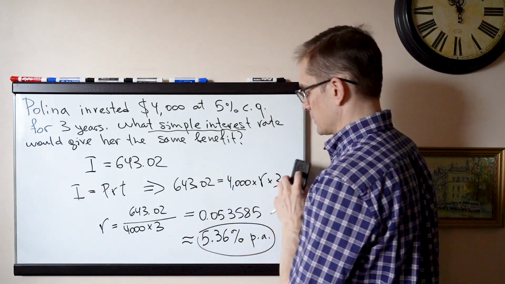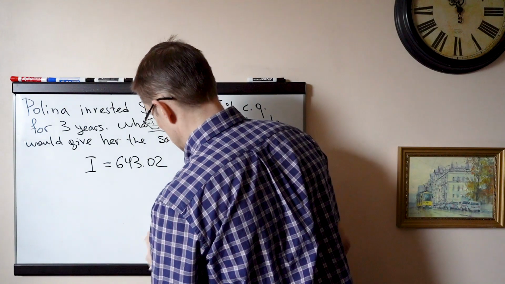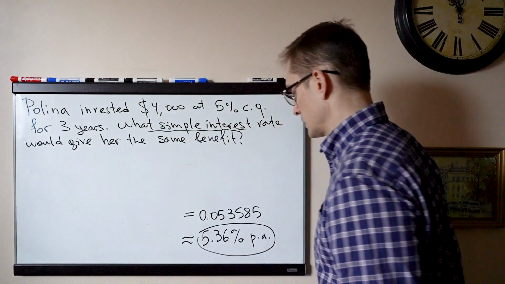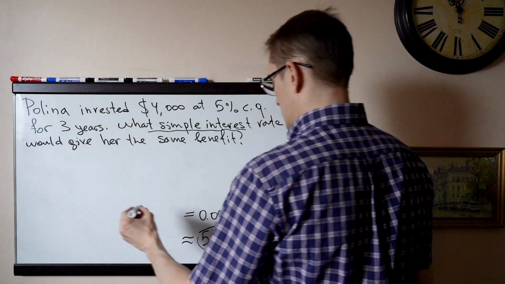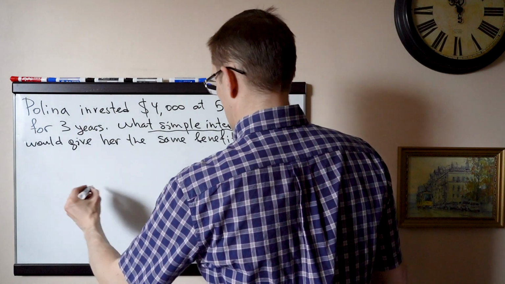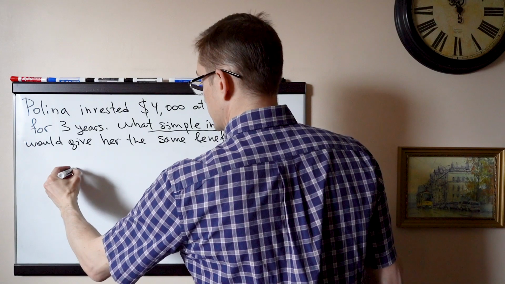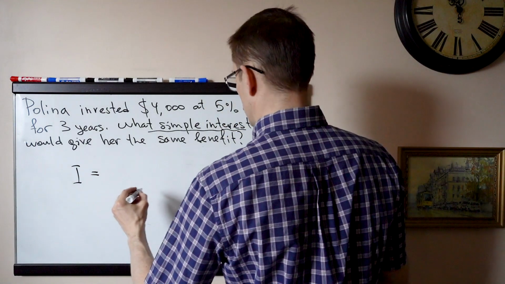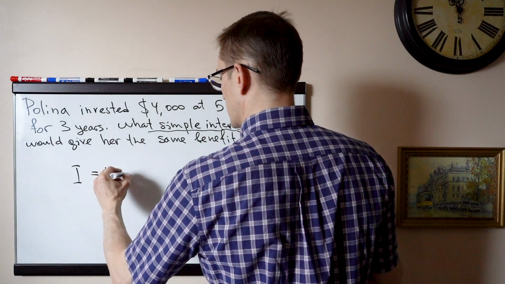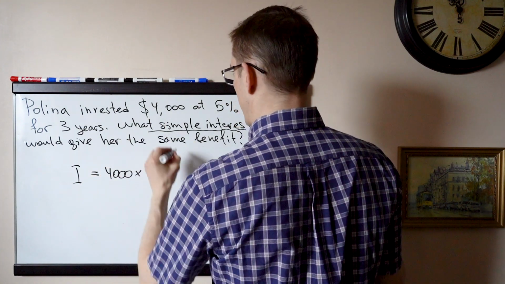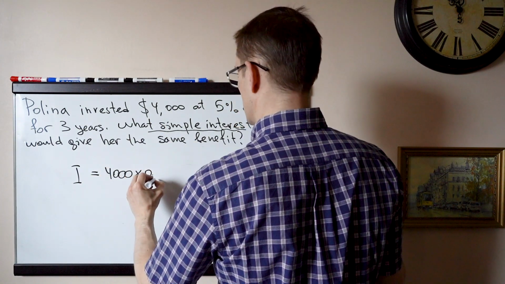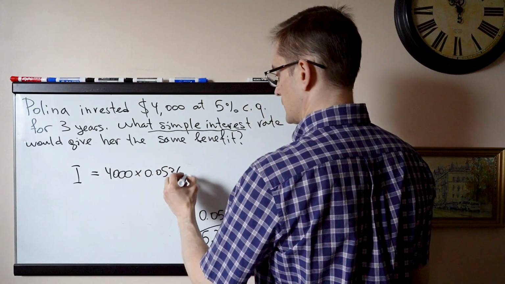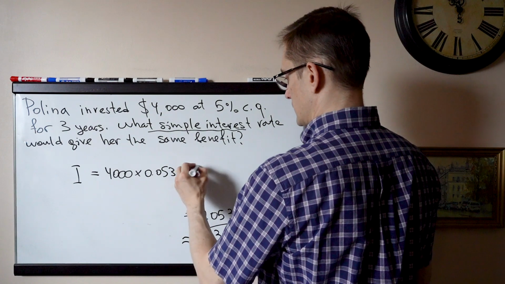Now let's check. We go backwards and try to find the interest this way. So 4,000 times 0.0536 times 3.